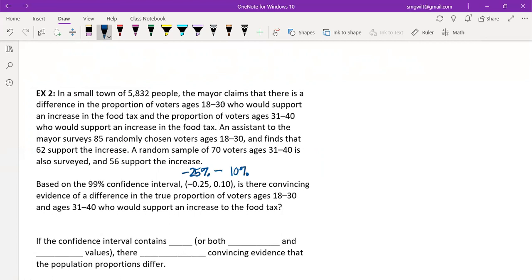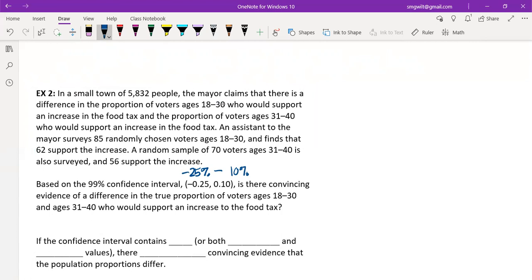So the negative 25% means that the voters 31 to 40 are 25% more likely to support the increase. And then the 10% means that the voters ages 18 to 30 are 10% more likely to support the increase, right? So that's what the values in our confidence interval mean.